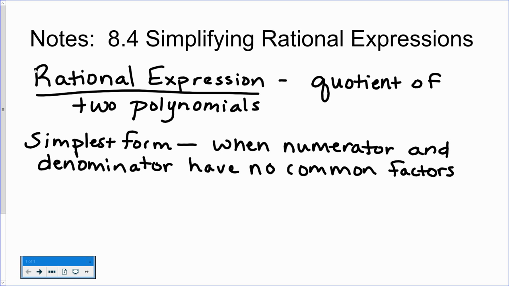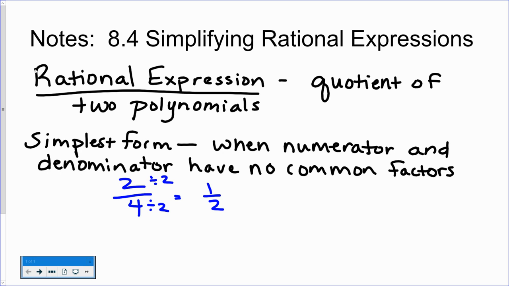Okay, so things like 2/4, right? That's not in simplest form as that fraction because they have a common factor of 2. I could divide each of them by 2. Now 1 and 2 have no common factors other than 1, which wouldn't count.